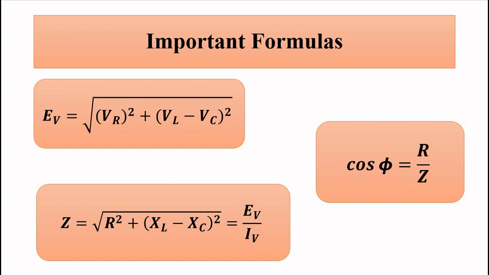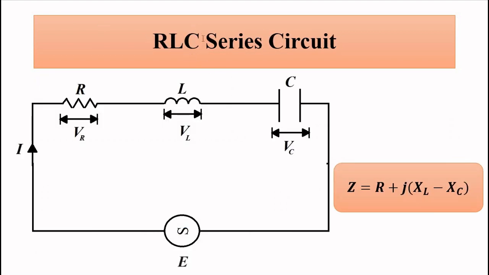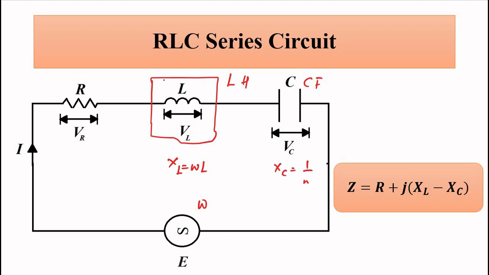The important thing to take from this discussion is that the behavior of an RLC circuit, here we are taking the series circuit, largely depends on the frequency dependent parameters: the frequency of the supply, and the values of inductance in Henry and capacitance in Farad, and as a result, the inductive reactance and the capacitive reactance.